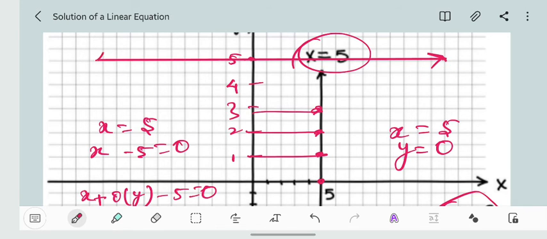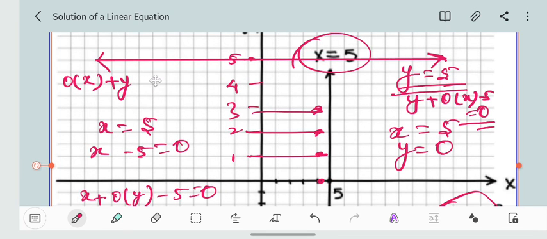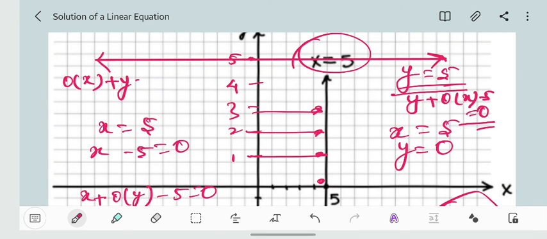And this will be parallel at point 5. This is y equals 5. So the equation will be y plus 0x minus 5 equals 0, or the standard form is 0 into x plus y minus 5 equals 0. I hope this is clear to you all.